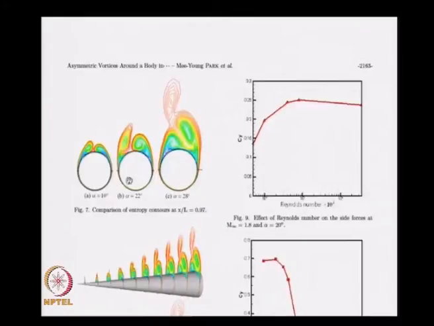So there is quite a large leap from 10 to 28, nearly 20 degrees. You can really see the difference in the entropy contours, and the change of the entropy as we do that.